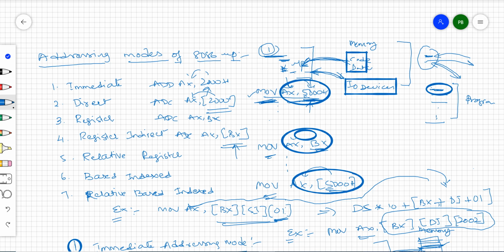In the relative mode, in a similar way, register indirect relative means ADC AX, [BX] plus some relative address. Based index means ADC AX, [BX][SI] or DI like this.